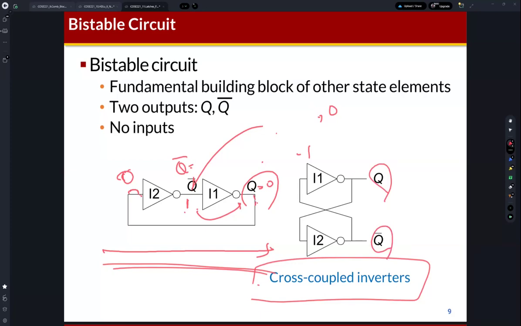This is the same equivalent circuit, but we just represent the inverters as cross-coupled. Then if we use these cross-coupled inverters, we can implement memory.